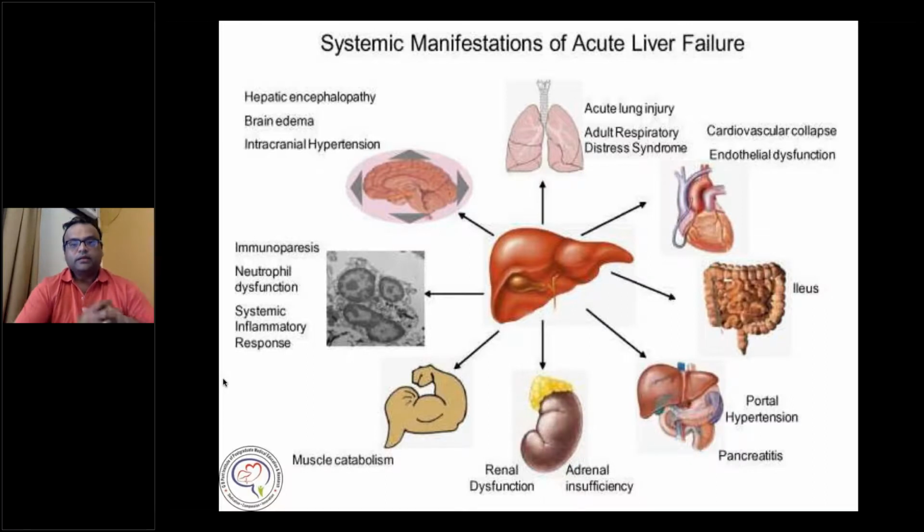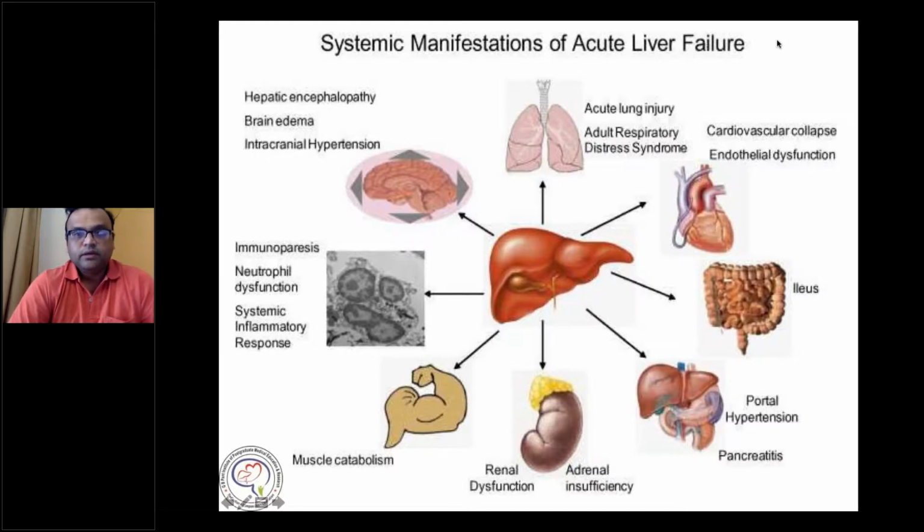A major problem with liver failure is that it leads to what is called immune paralysis, whereby neutrophils stop functioning normally, and then it leads to systemic inflammatory response syndrome. It also leads to very rapid catabolism of the muscle tissue in the body, so a very high catabolic rate.